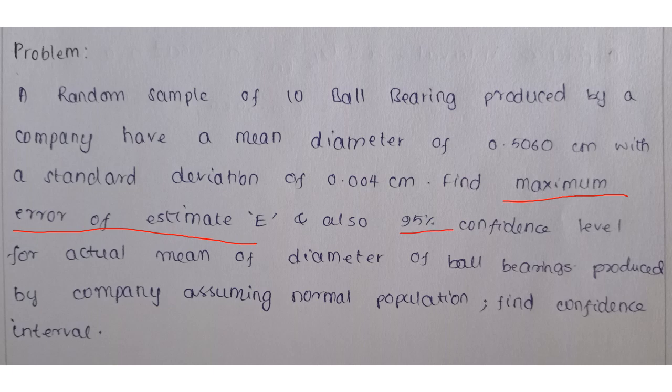Here the confidence level is given as 95%. For the actual mean diameter of ball bearings produced by the company, assuming a normal population, find the confidence interval. Here we have to find the maximum error and confidence interval. Now let us see the solution.